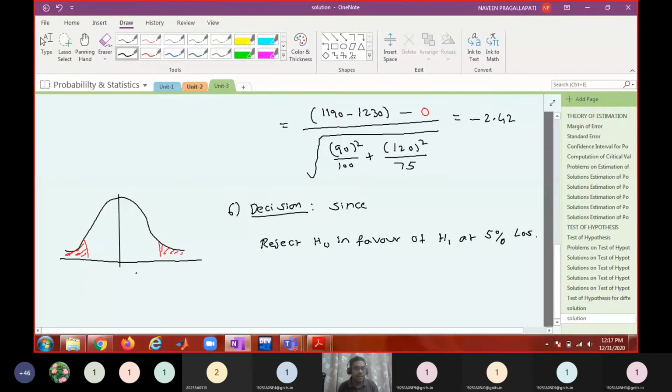Now it is minus 2.575 and 2.575. This is minus Z alpha by 2 and Z alpha by 2. Now minus 2.42 is here. Instead of saying right side, you say in between, since minus Z alpha by 2 is less than S statistic, which is less than Z alpha by 2.